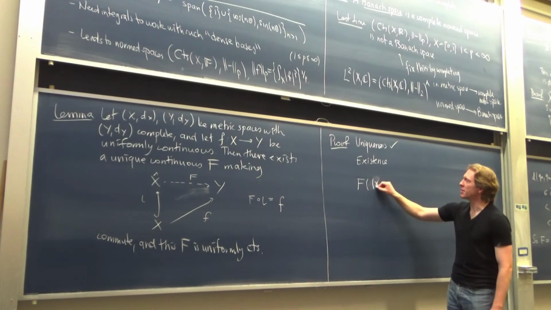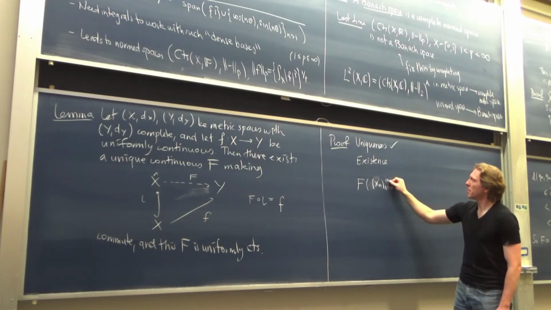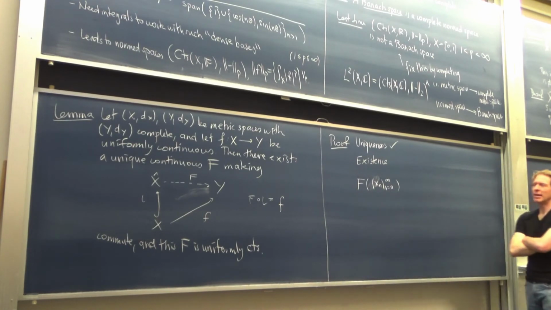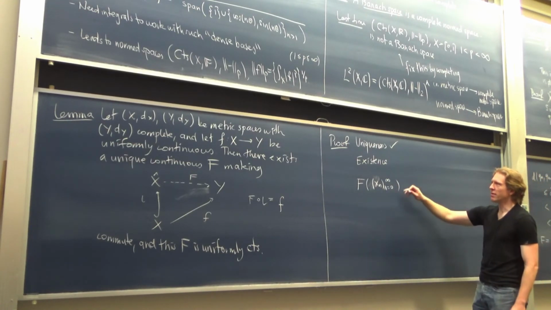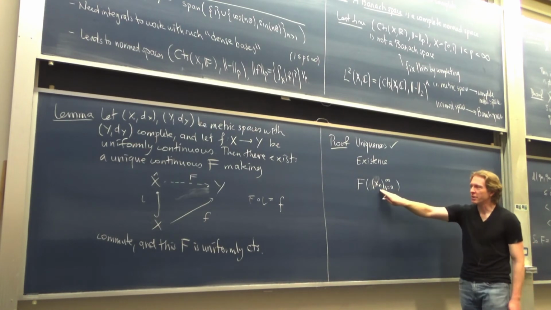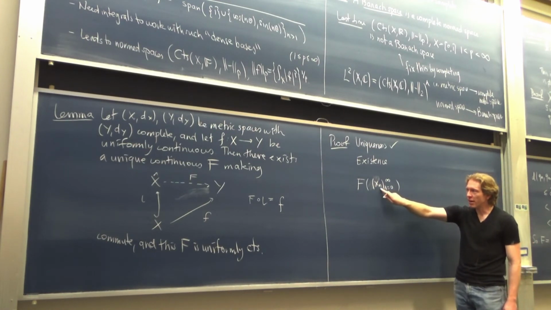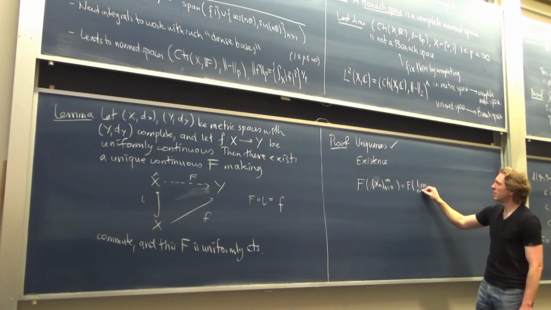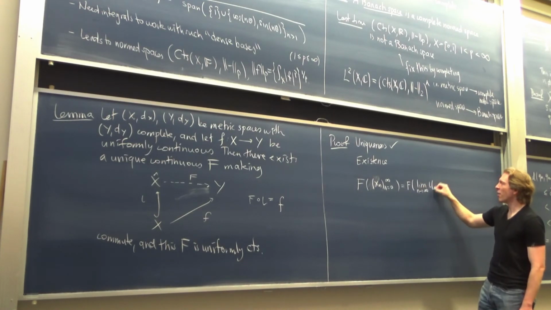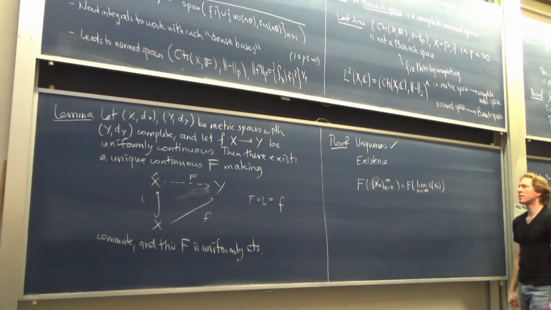Now, we need to take a Cauchy sequence in X, that's a point in X hat, and we need to define what F is forced to be. Well, we have no choice. That's part of the argument for uniqueness, right? Because as we've just reminded ourselves, this is the limit in X hat of the constant sequences.